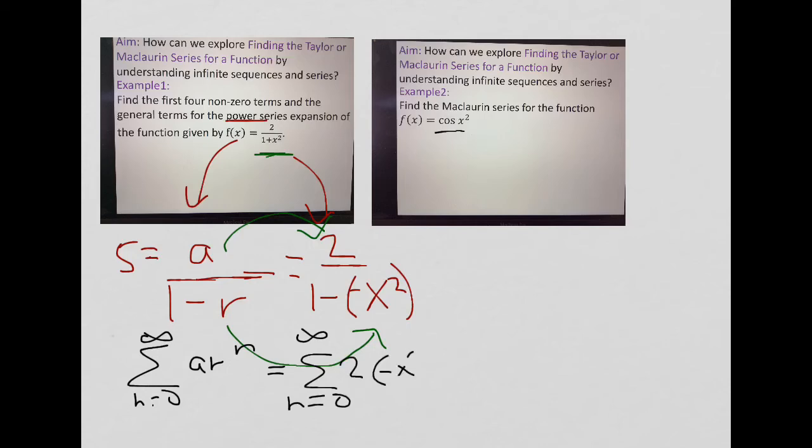If they want the first 4 non-zero terms, neither one of the terms can be 0. So if I plug in 0 into this expression, I'm going to have this to the 0 power, which is 1, and 1 times 2 is 2. That's non-zero. Let's keep going because we need 4 of them. If I plug in 1, I'm going to get a negative 2x squared. So I'm going to erase this plus sign and write a negative 2x squared.